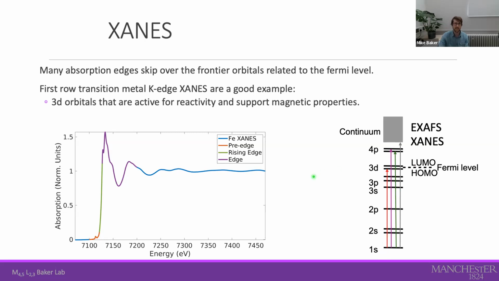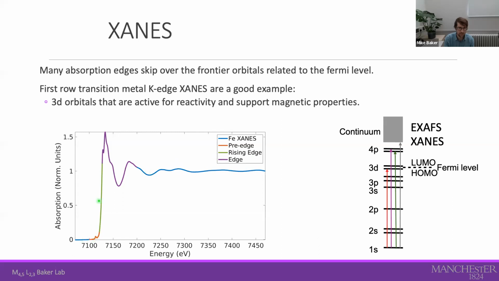So this is a limitation in understanding electronic structure, since by probing the lowest unoccupied molecular orbitals or the Fermi level, you're directly accessing the electronic structure which is pertinent to activity or magnetic properties, for instance.